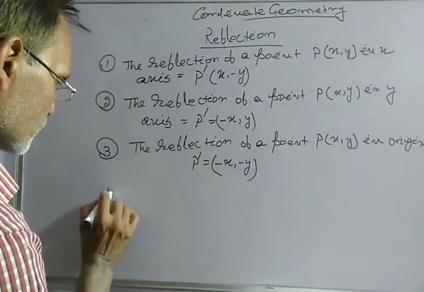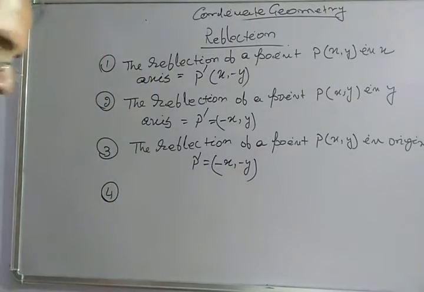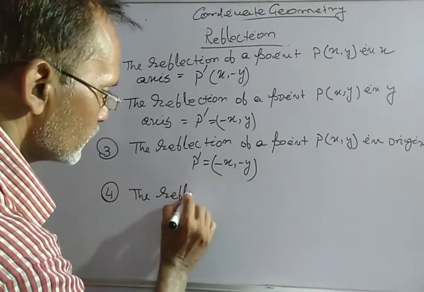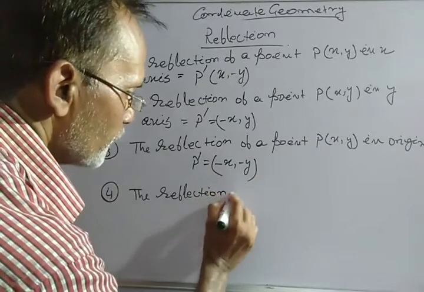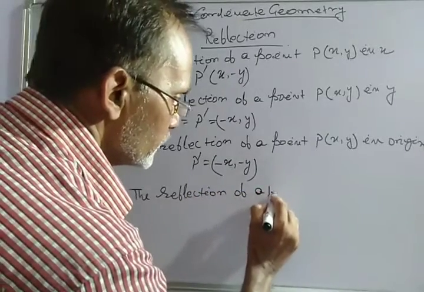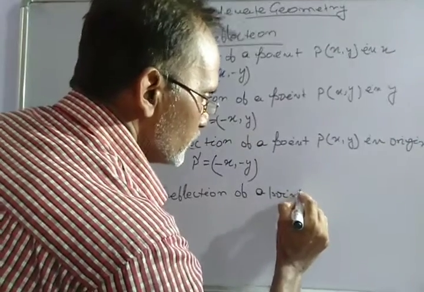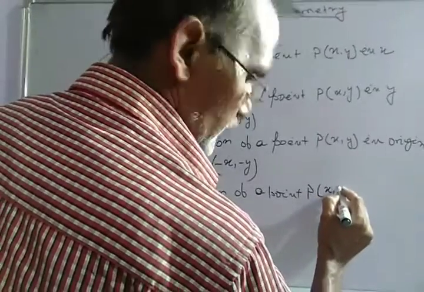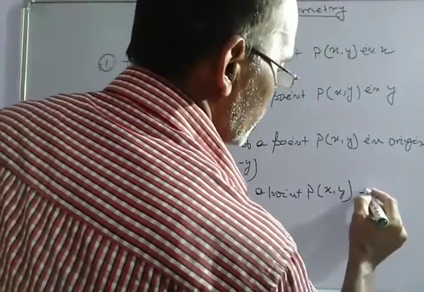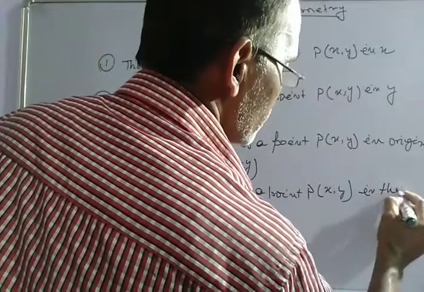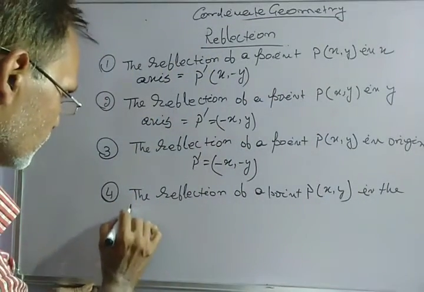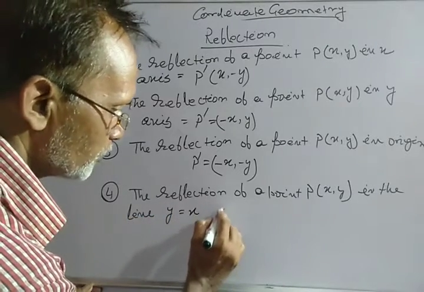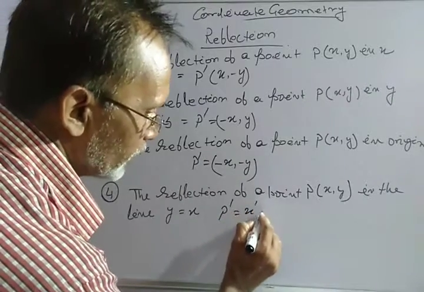Number 4, the reflection of a point P(x, y) in the line y equals x is equal to P dash (x dash, y dash).